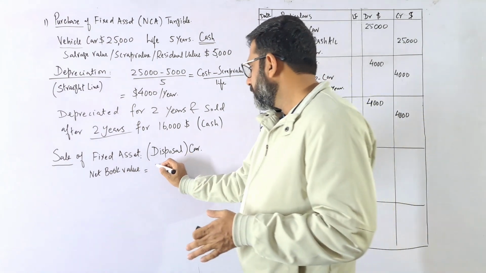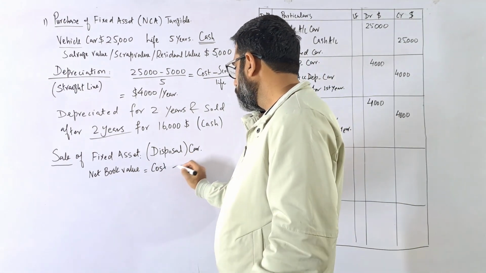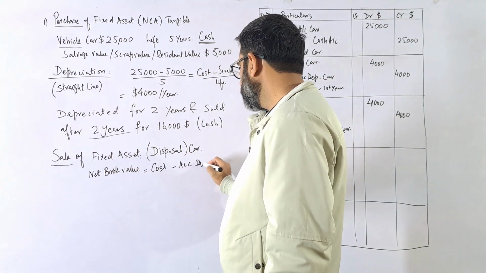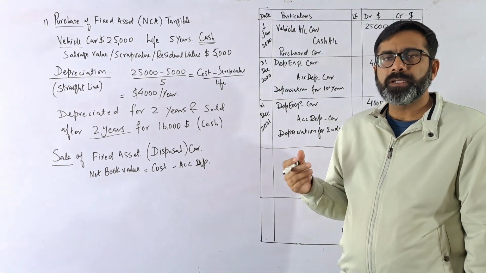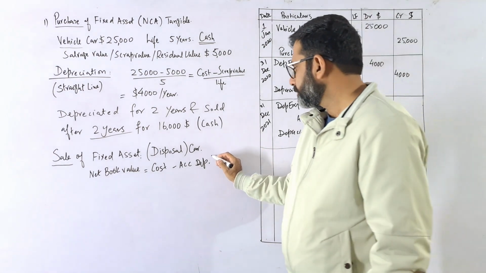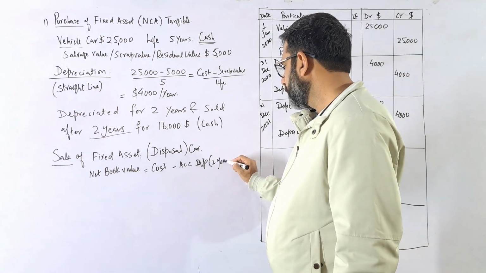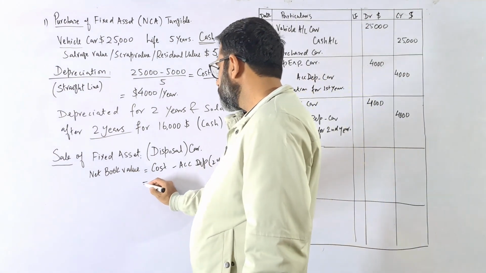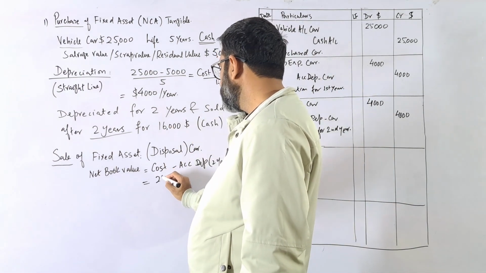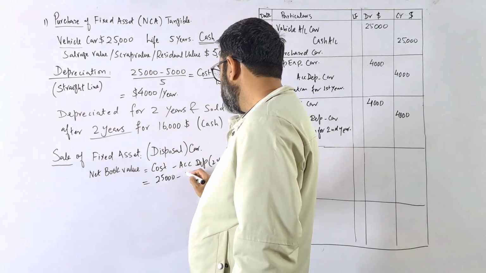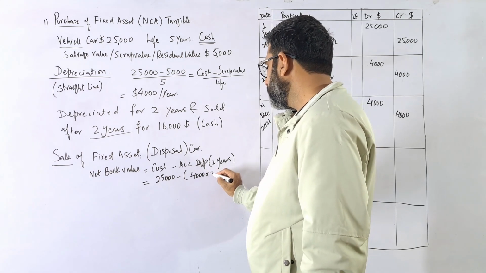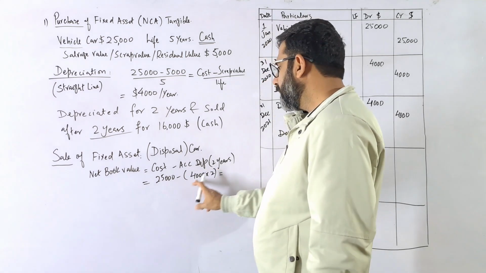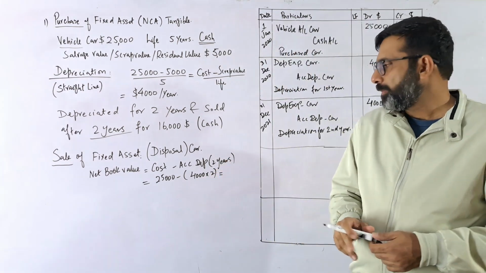So it is cost minus accumulated depreciation. And in this case, accumulated depreciation for how many years? For 2 years. So the cost is 25,000 minus accumulated depreciation, 4,000 multiplied by 2. So 8,000 is the total accumulated depreciation.